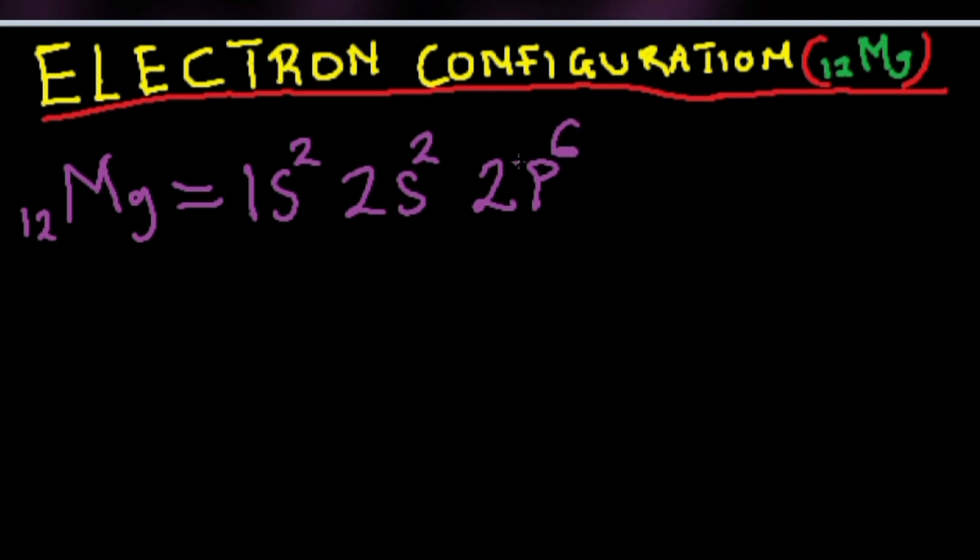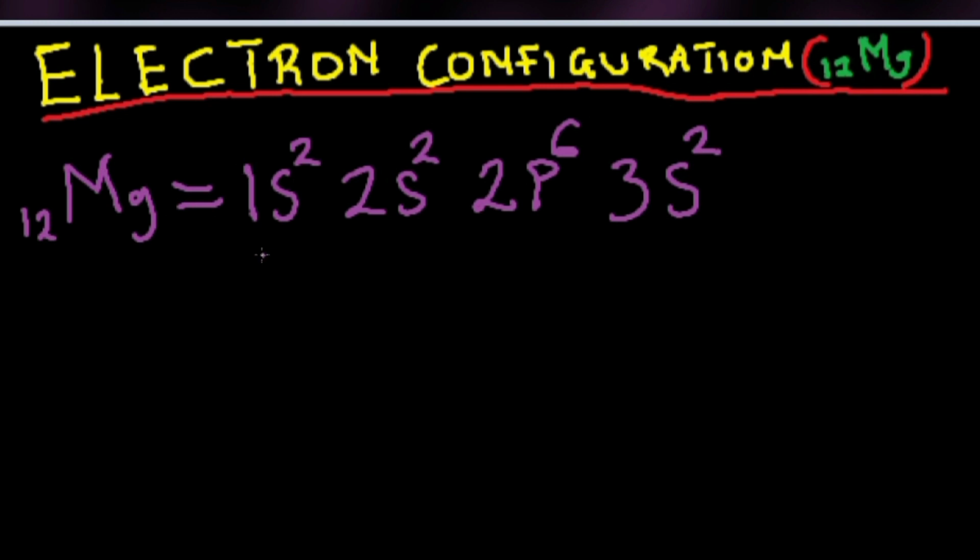Now we have 10. When we deduct the 10 out of the 12, it leaves 2 additional electrons. From the 2p, the next orbital is the 3s, and that can also take a maximum of 2. So this is the electron configuration of the magnesium atom.